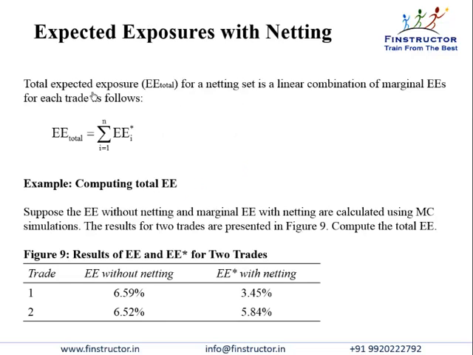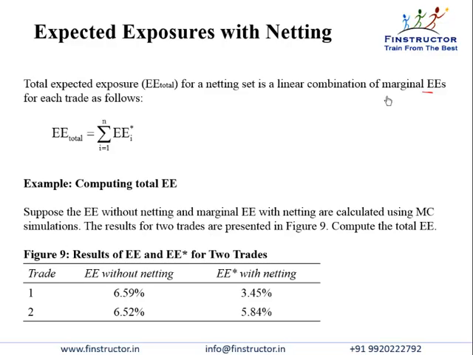Now the total expected exposure would be a combination of the marginal expected exposures for each trade. So if there are n trades, then the expected exposure total would be the sum of the expected exposures from each trade.